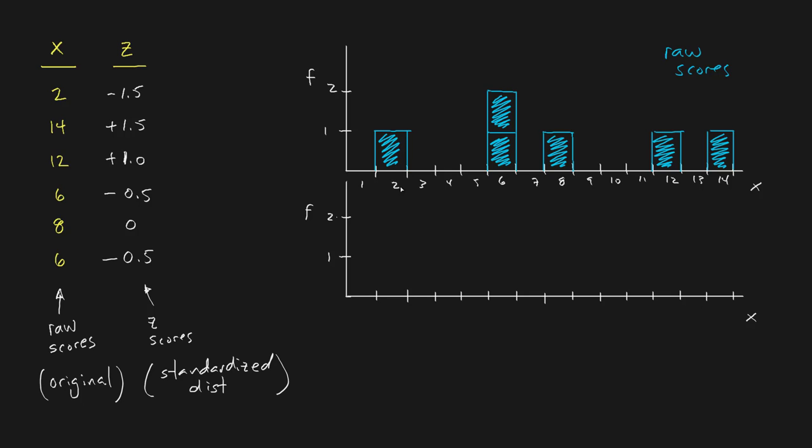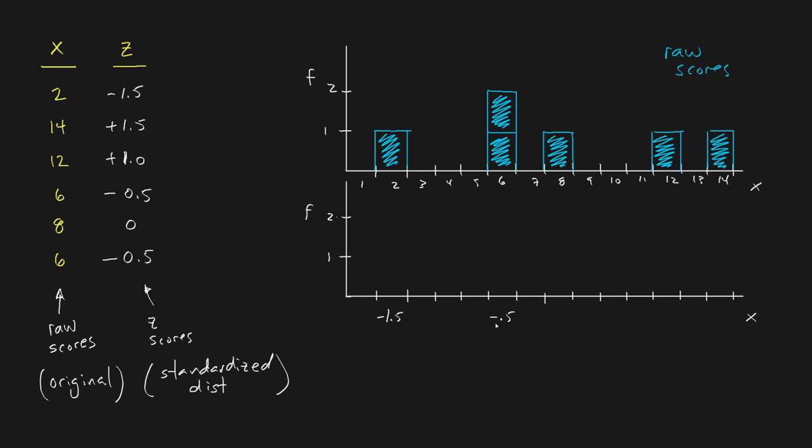Well, a 2, my first raw score, goes with a negative 1.5. So it just makes sense to call this negative 1.5. And then I'm going to keep my scale going in the same way. I can work out what each one of these steps is, but I've got a z-score that goes with 6 of negative 0.5.